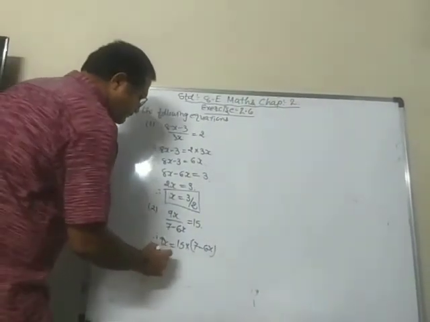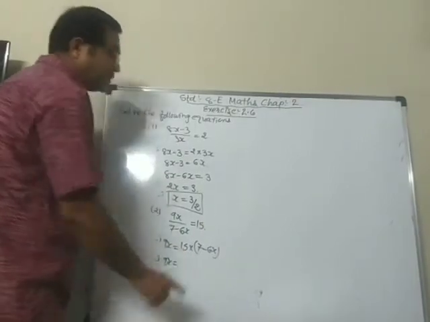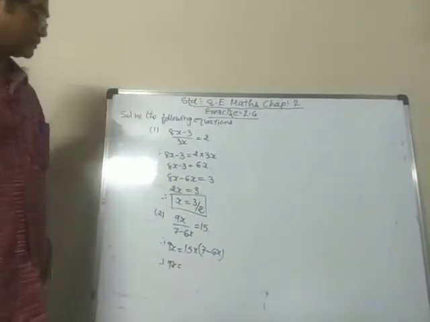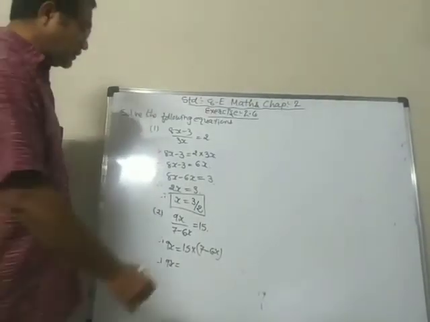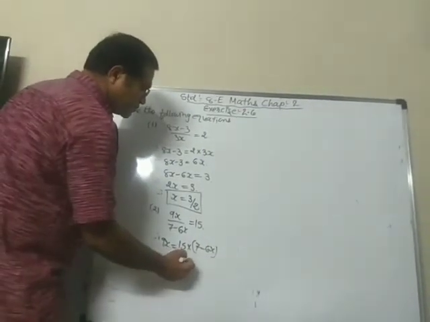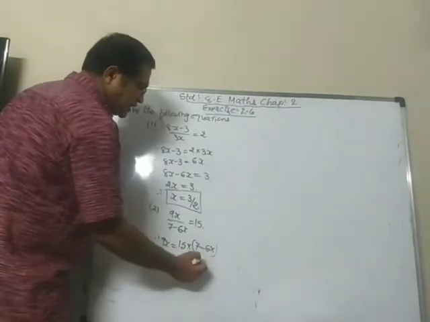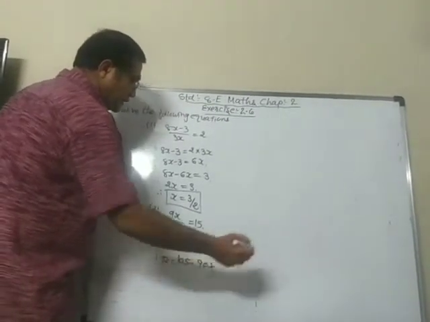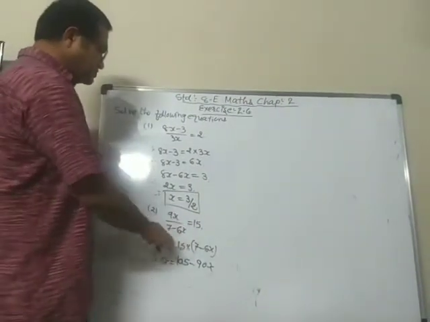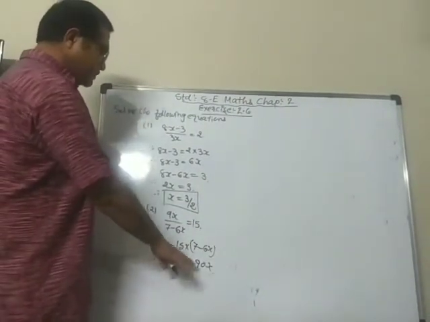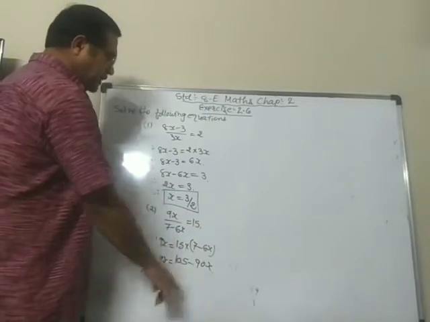So therefore 9x is equal to 15 will be multiplied with both: 15 7s are 105 minus 15 6s are 90x. So 9x is equal to 105 minus 90x.